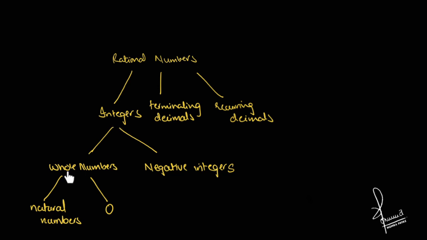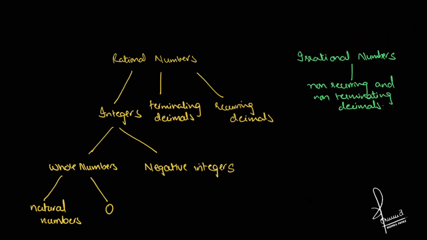In integers you have whole numbers and negative integers, and in whole numbers you have natural numbers and zero. Then we talked about irrational numbers and said that irrational numbers are non-recurring and non-terminating decimals, of which we studied an example, pi.